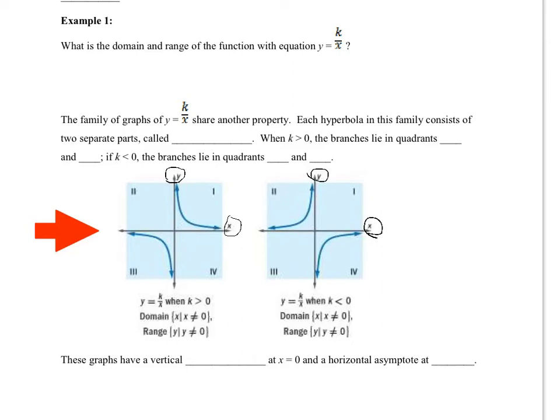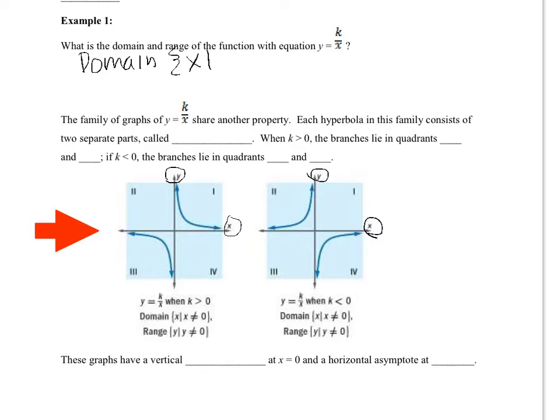So let's talk about the domain. We're going to do y equals k divided by x for either one, actually. The domain, which we know as those x values, is everything except 0. X is never equal to 0 because the graph never touches it.